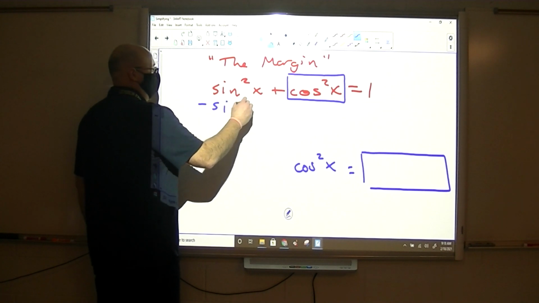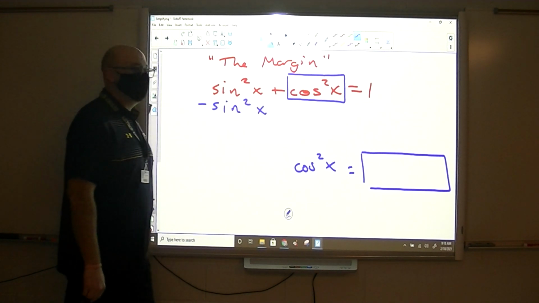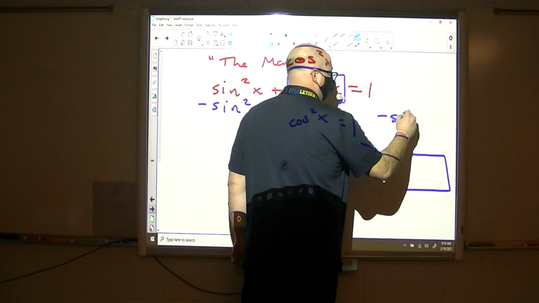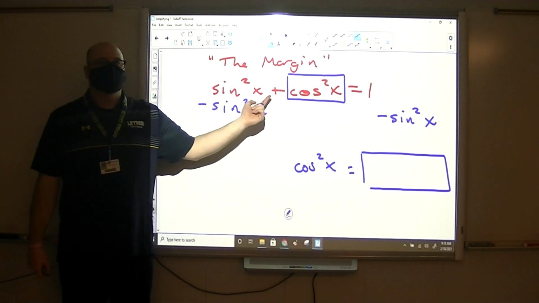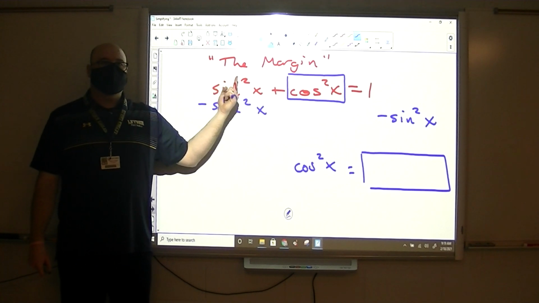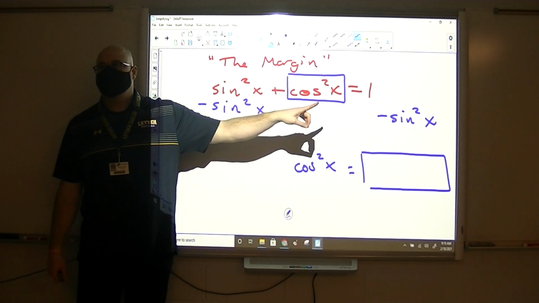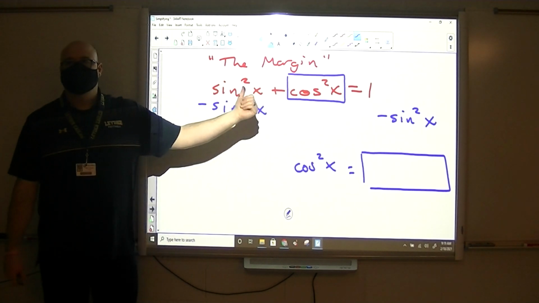By subtracting this over to the other side. Why am I subtracting it? Because that's the opposite of addition. So by subtracting this over to the other side, it's not over here anymore.